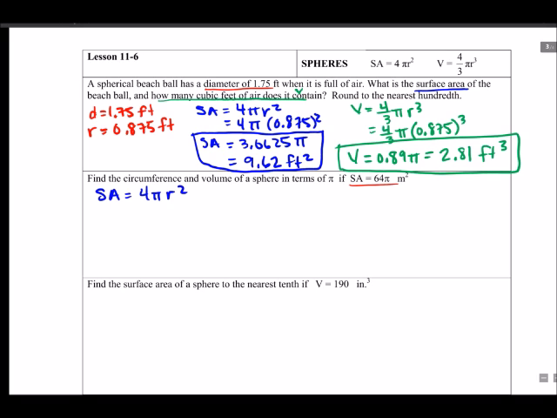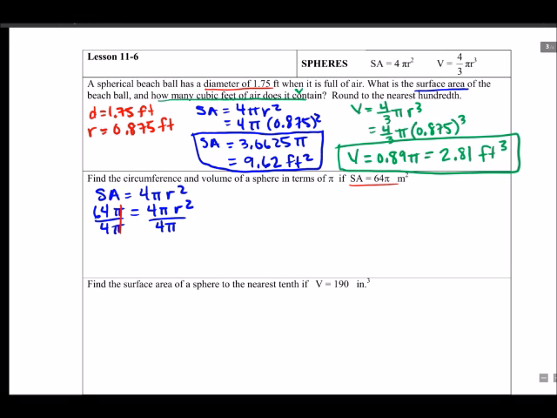We know that all of these are related by the radius, so I'm just going to substitute in. I am given surface area, which is 64 pi. Don't forget your pi. And 4 pi r squared. I'm just going to get r by itself, divide by 4 pi on both sides. It's really nice because my pi's cancel there.